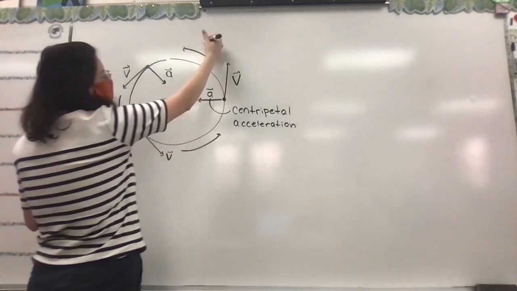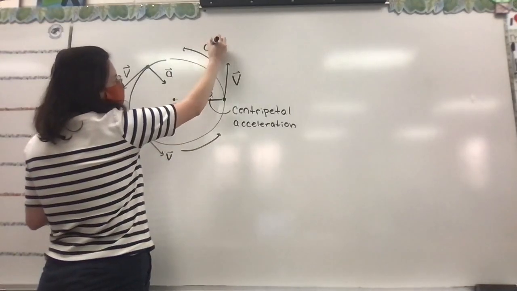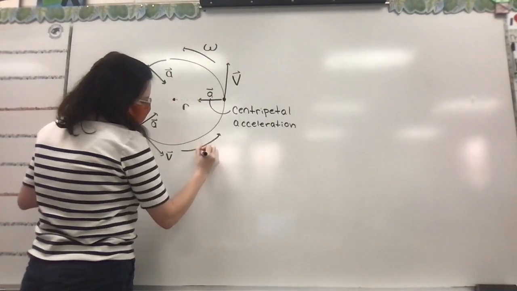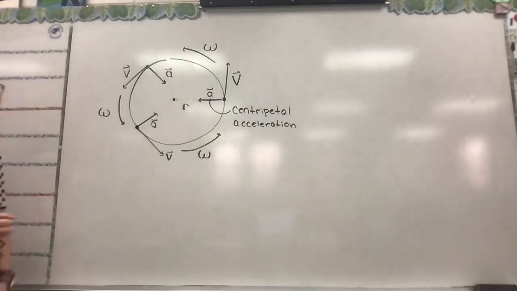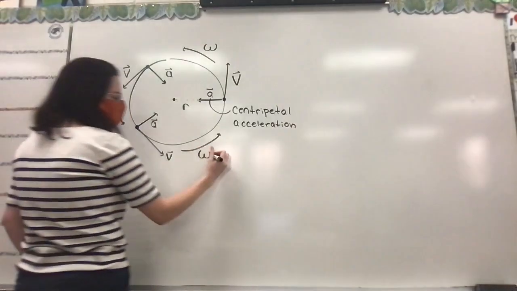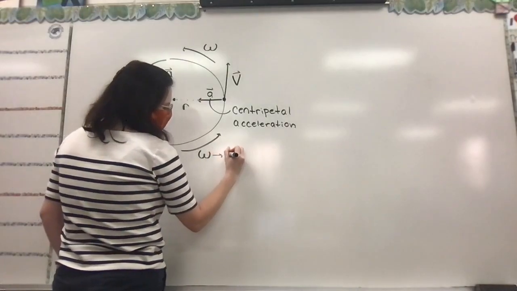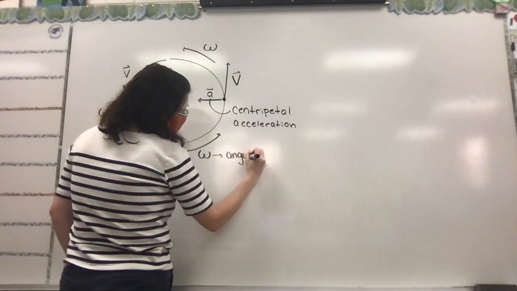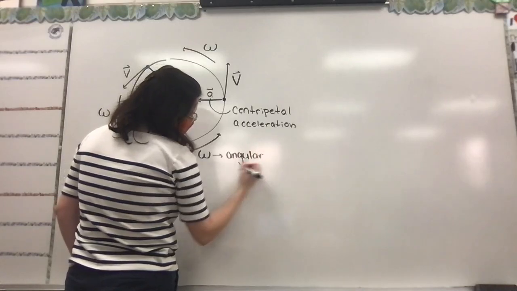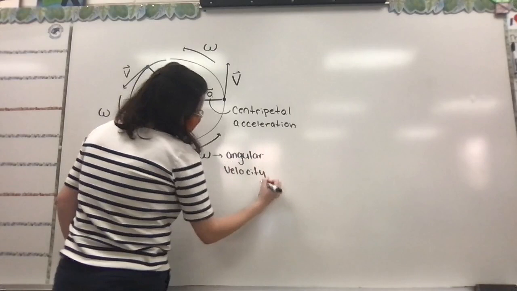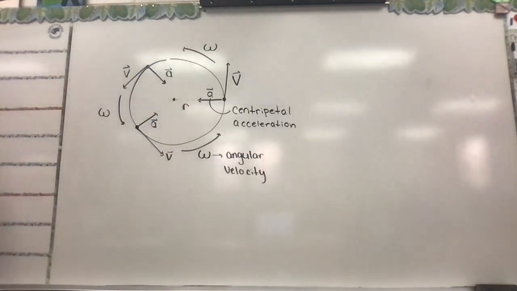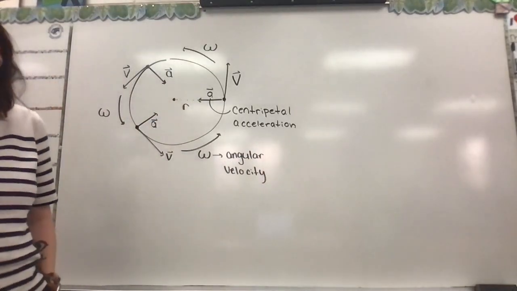And how we represent angular velocity is with this little W. Oh God, it's a Greek letter. I don't remember. It's a whoa. Okay. Sure, call it a whoa. Angular velocity, okay? That's our angular velocity.